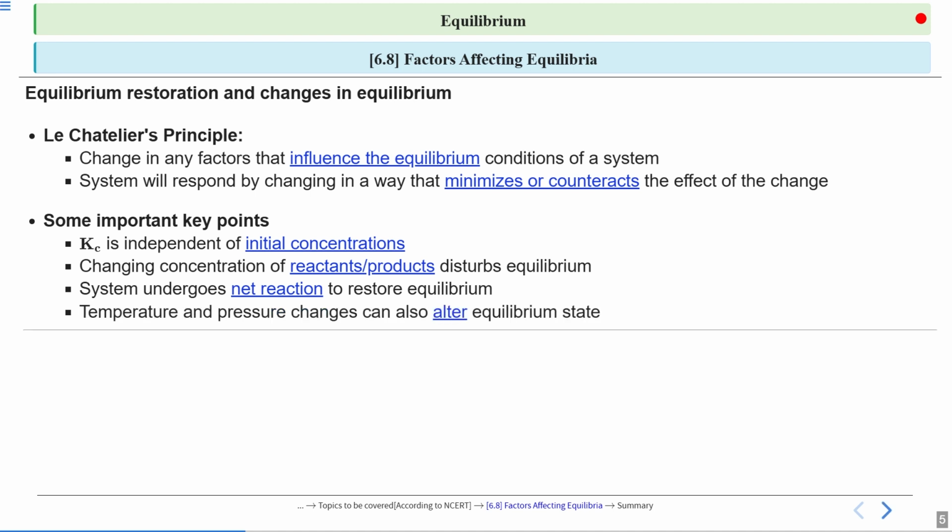There are two more factors aside from initial concentration, which are temperature and pressure, which can alter the equilibrium state. We talked about this in the previous class, and it is very important to remember that only two things can change the equilibrium constant value, and those are temperature and the balanced chemical equation.